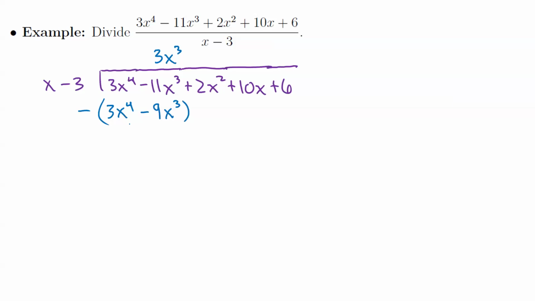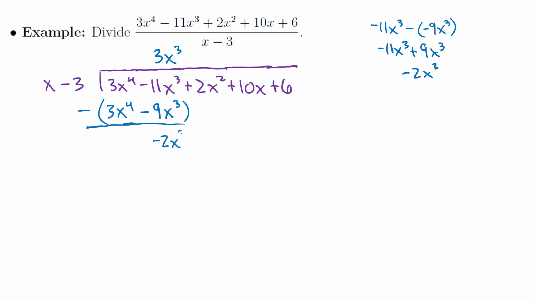Again, here's where we can easily make mistakes, so be careful. Subtract, put parentheses around it. So negative 11x cubed minus negative 9x cubed is the same as negative 11x cubed plus 9x cubed. So the result would be negative 2x cubed here. Bring the next one down.